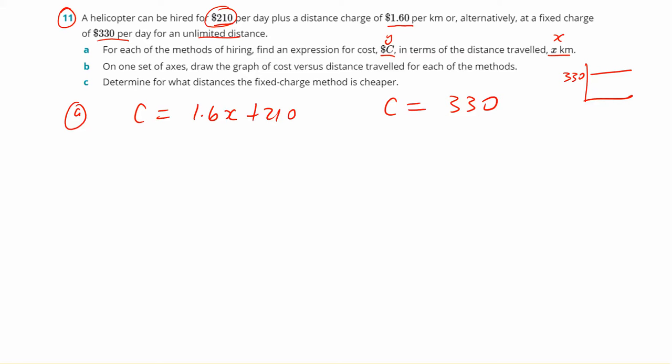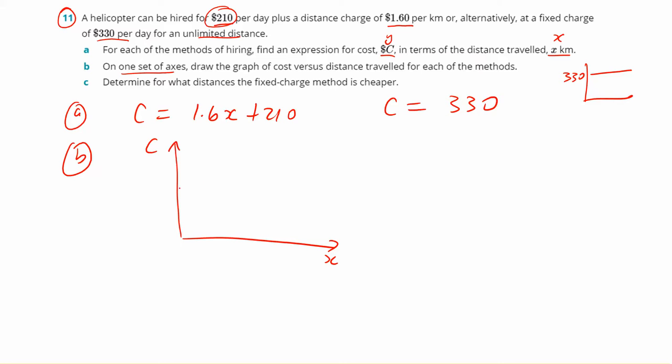For B, on the same set of axes, draw the graph of costs versus distance traveled for each of the methods. So we want to draw both of them on the same set of axes. I'm going to draw one graph, and you're going to use a ruler for this. We've got cost here, and distance traveled there.